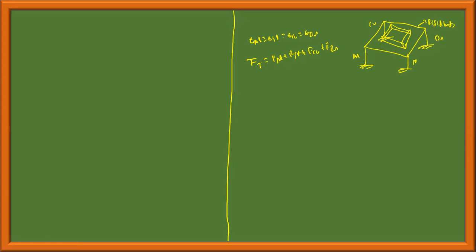Similarly, we go ahead. The problem is like this. A steel shaft and aluminum tube are connected to a fixed support and to a rigid disc as shown in the figure. The outer one is the aluminum tube.